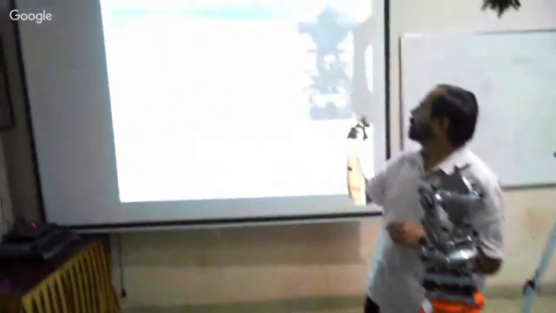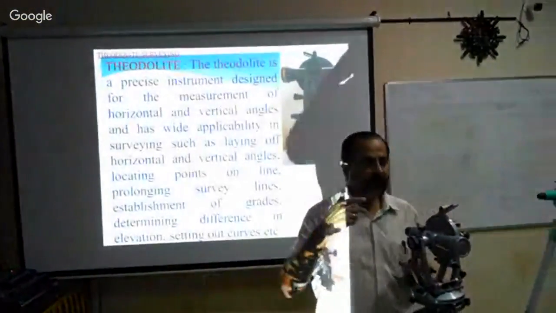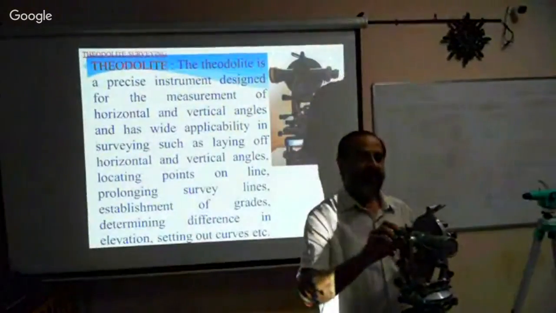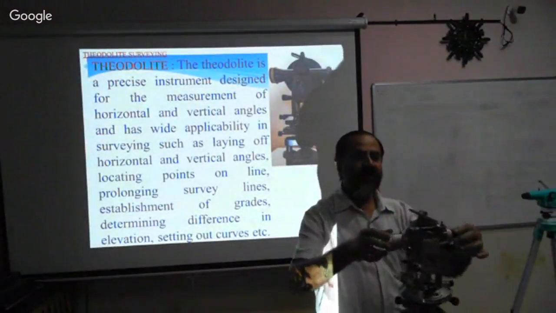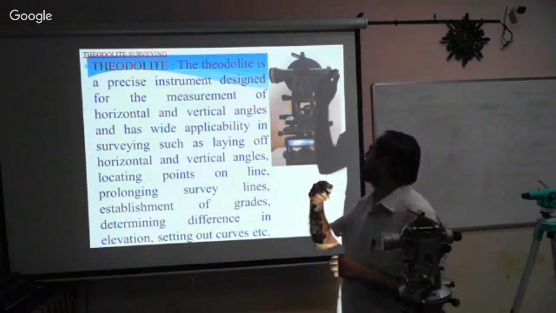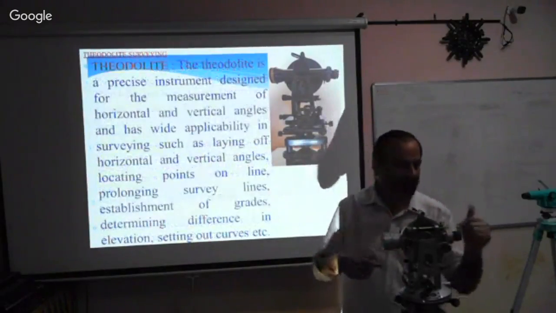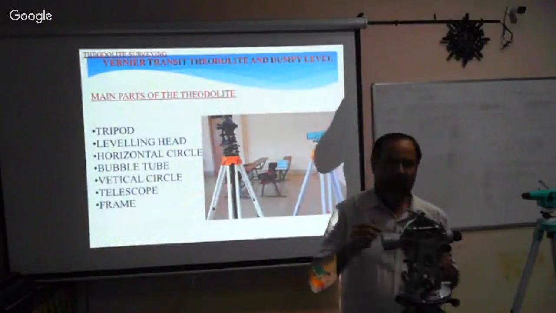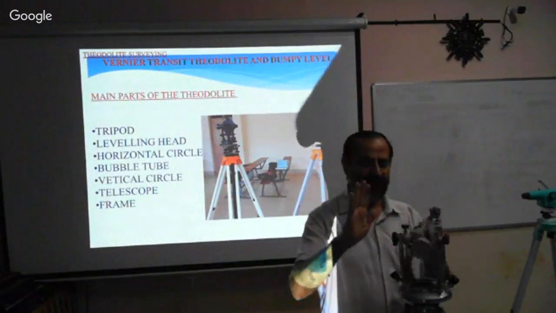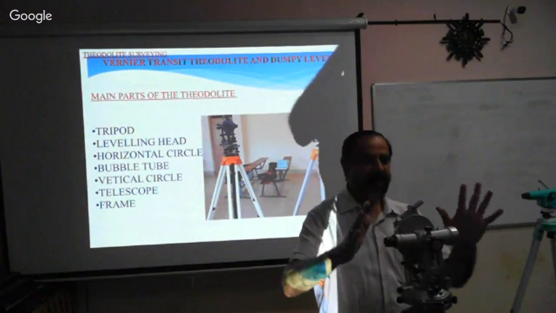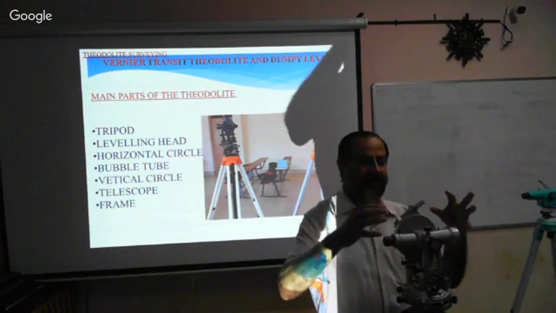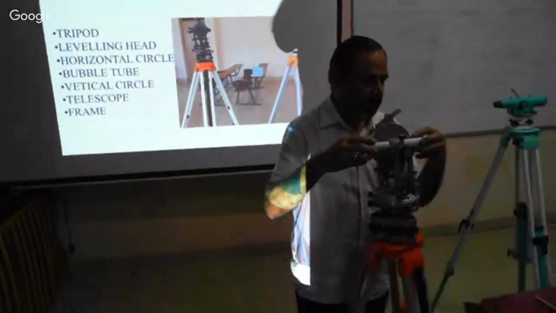Now, see, this is the telescope. Please go back. See, this is the telescope. Now, the essential parts of the telescope.